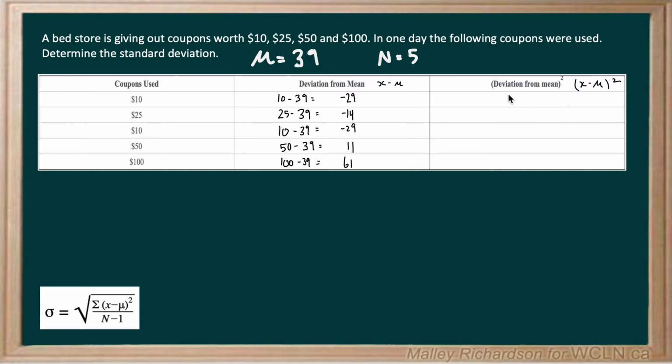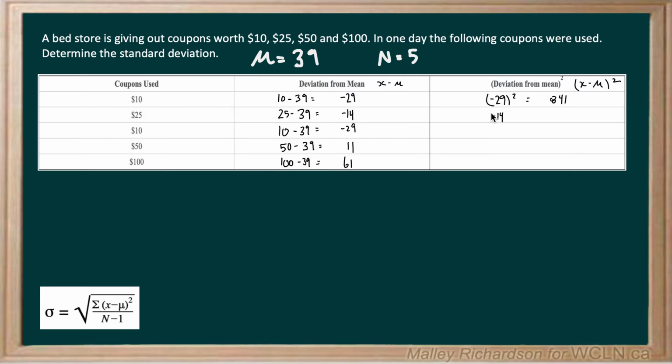Now in our final column, we have the deviation from the mean all squared, which is also x minus mu raised to the power of 2. We know x minus mu is from the previous column, so we have negative 29 raised to the power of 2, which gives us 841.